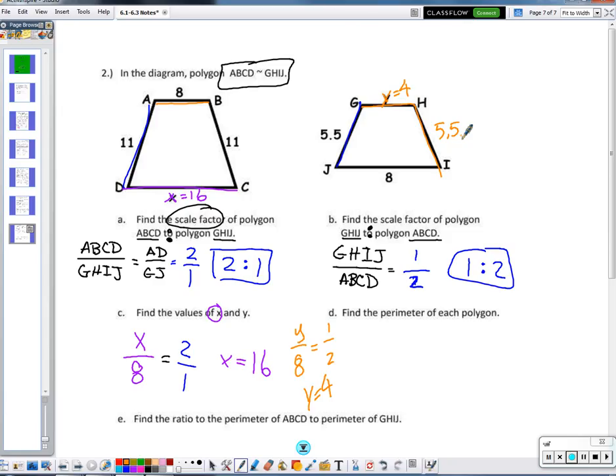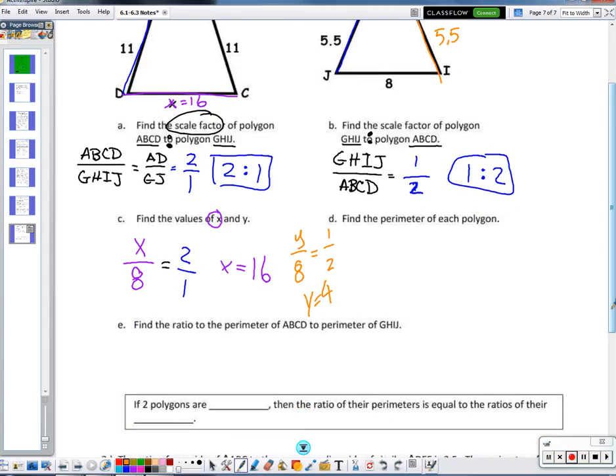Another way that you'll see perimeter written sometimes is they'll give a capital P and then list the letters A, B, C, D, but they're listed really small. So what's the perimeter of ABCD? 46. What's the perimeter of GHIJ? 23.